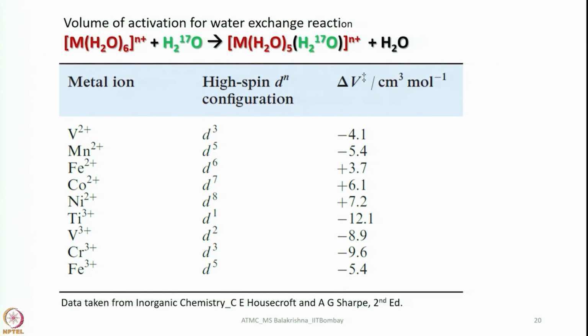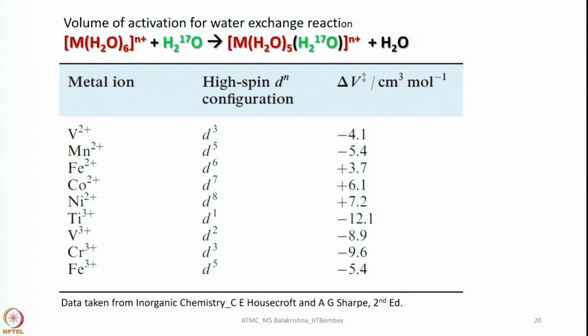That means, when the mechanism changes from an associative pathway to a dissociative pathway, a negative to positive value is observed, which suggests that bond making becomes less important on going from d3 to d8 systems. Bond making is less important and bond breaking is what matters.